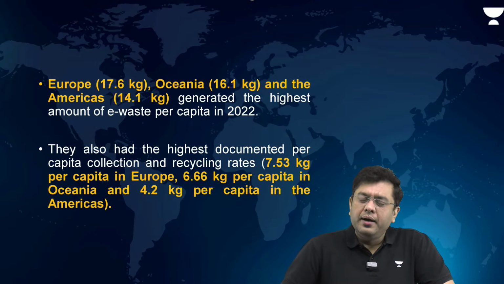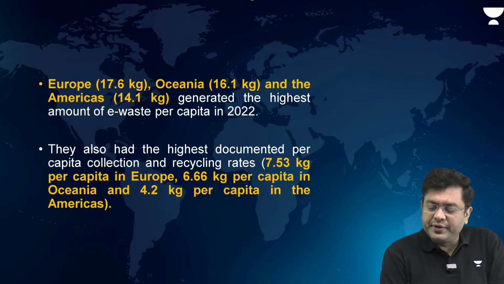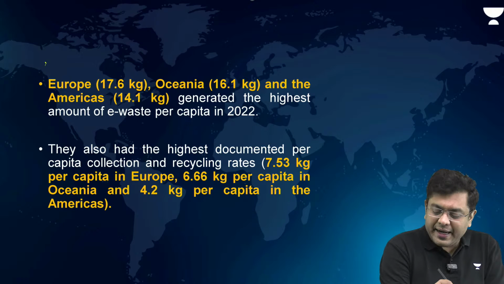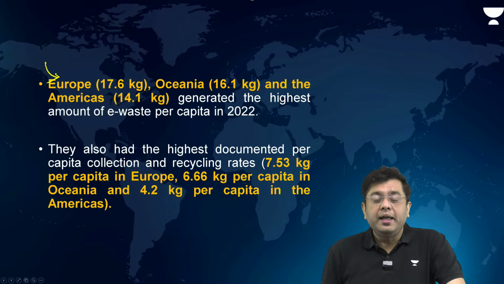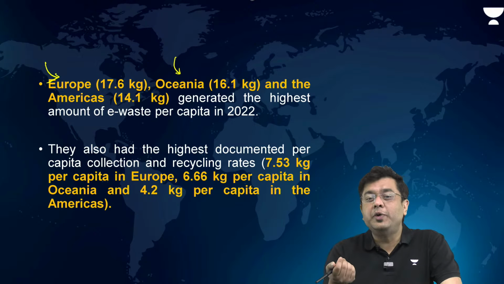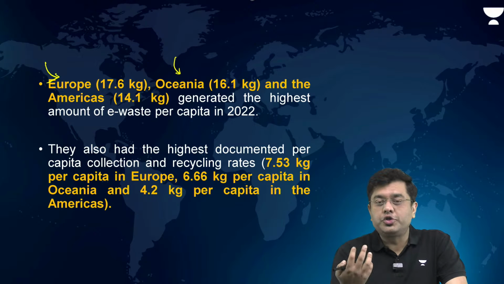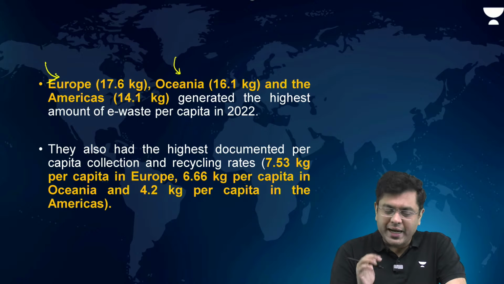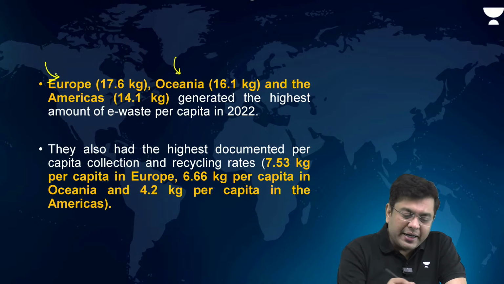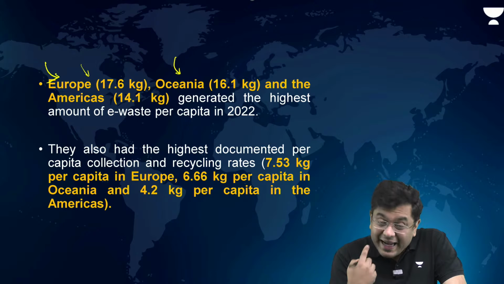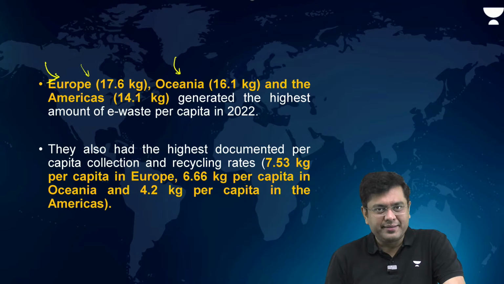Now, when we talk about the amount of waste generated per capita, it is highest in Europe, followed by Oceania. Oceania is which region? The region of Australia, New Zealand, the island groups thereby. That is Oceania. So per capita waste generation is highest in Europe, followed by Oceania, then followed by Americas.